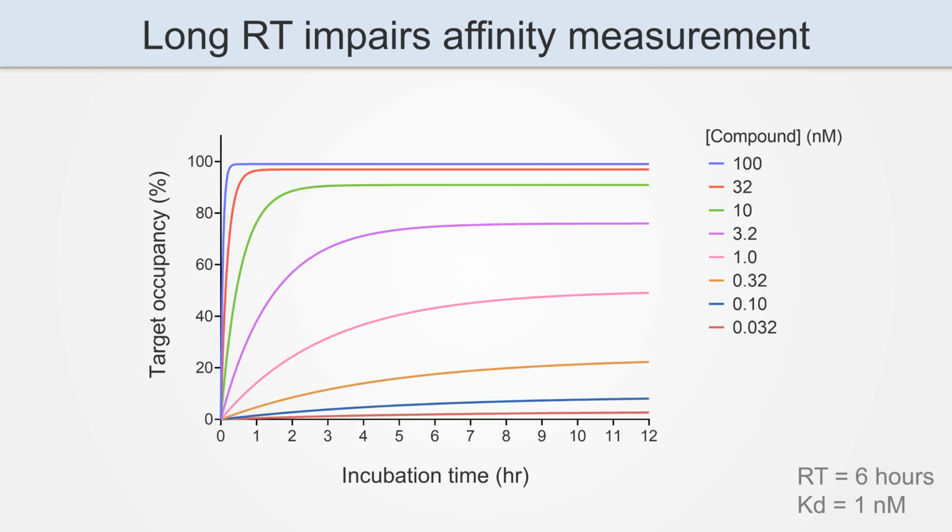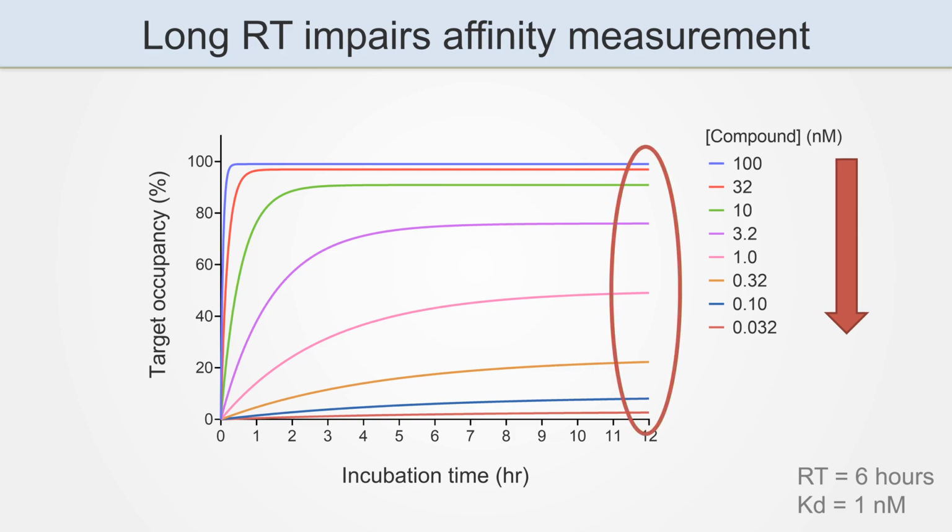This artifact is based on the mechanics of ligand association with the target. Here is a graph showing the time course of target occupancy by the compound from the previous slide. This is shown for various concentrations of the compound, from 100 nanomolar down to 0.032 nanomolar. When equilibrium is reached, the curve approaches a plateau, which is on the right-hand side here.